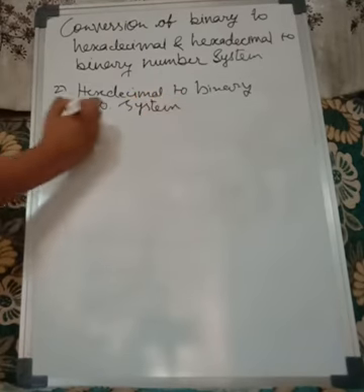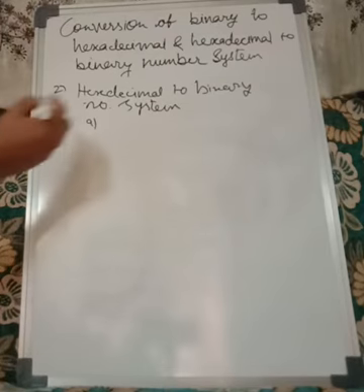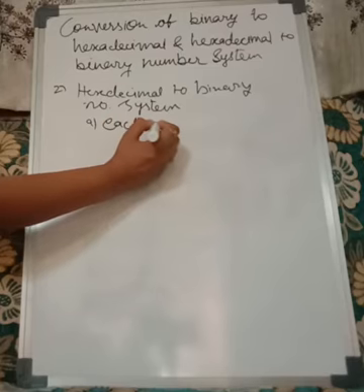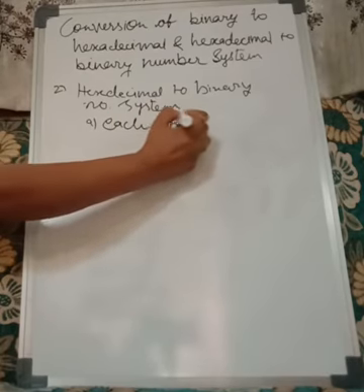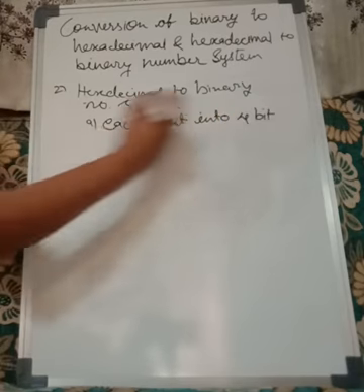Now we'll see the steps required to convert the hexadecimal number into the binary number. Okay. So the first step is we need to convert each digit into 4-bit binary number.